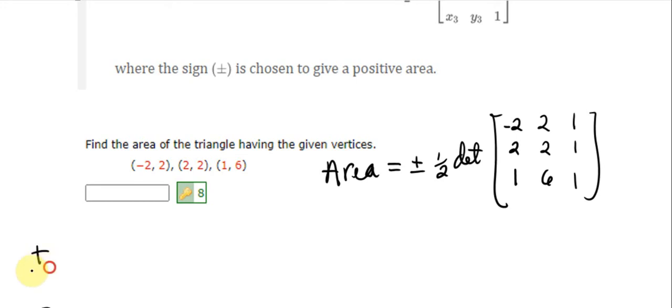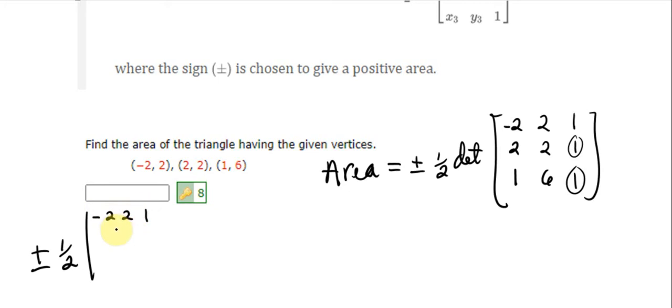So we have that plus or minus, and then the 1/2 times this determinant. Whichever method you prefer is fine. I'm going to use row reduction, and I'm looking at that last column over there, so I'm just going to get rid of this one here and get rid of that one, so that first row stays the same.